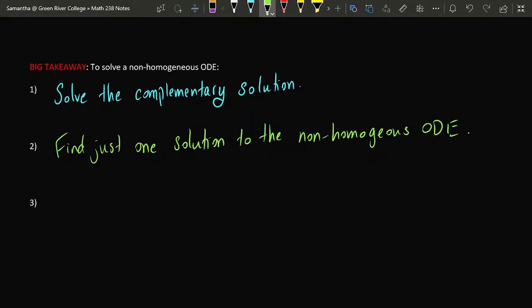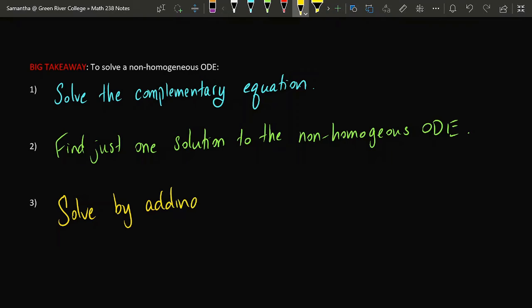Just find one solution. And if you can solve the complementary equation, and find just one solution to the non-homogeneous ODE, then you can solve by adding the functions in step 1 and step 2.